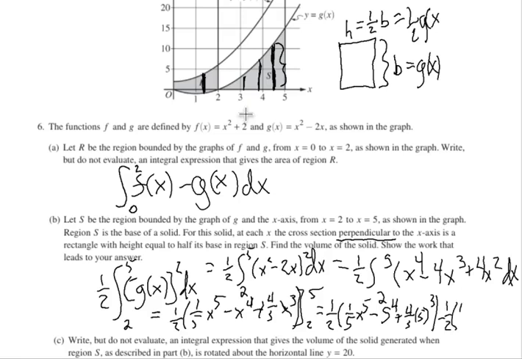So 1/5 times 2 to the 5th minus 2 to the 4th plus 4/3 times 2 to the 3rd. All right, if you're wondering, this should come out to 414 over 5. But again, I'm not sure that they're going to make you do that.